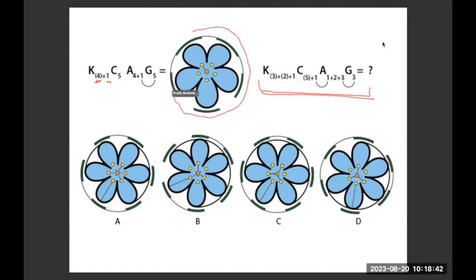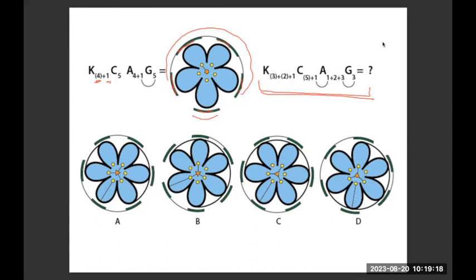Here, there are 5 green parts: 1, 2, 3, 4, and then 5. What 4 plus 1 means, if I look at the diagram, is that 4 petals, 4 green parts, are connected with each other, and then 1 is left alone.